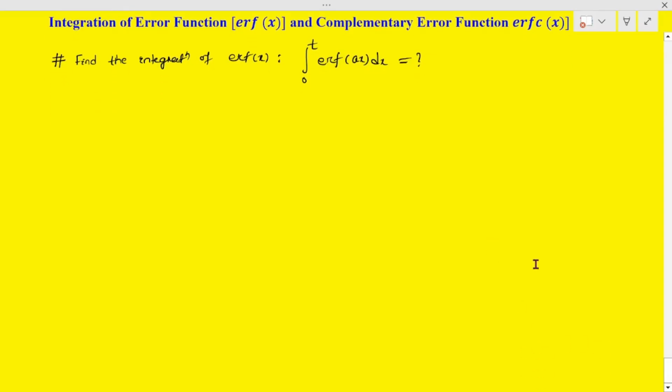Okay, so here the solution starts. Here we have to evaluate the integral from 0 to t of error function ax dx. To evaluate this integral, we have to recall integration by parts.